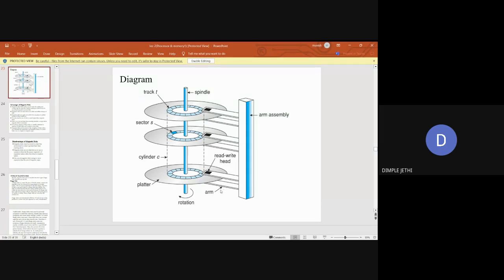Okay, because they are more prone to crash or get hurt. So, if there are three disks, on how many surfaces can I use for reading and writing? Anyone? Tell me.